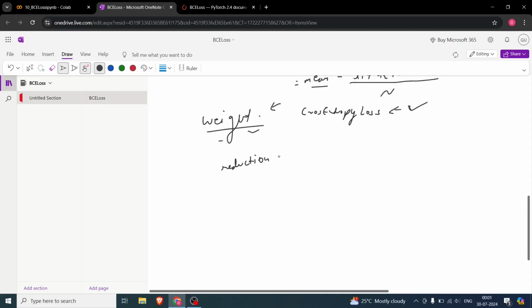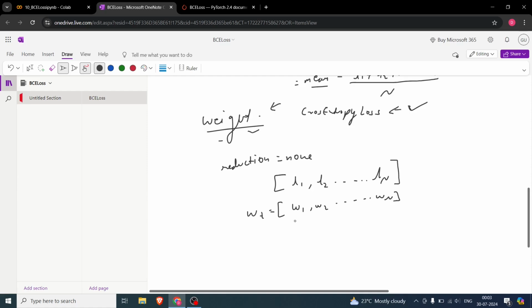For understanding, reduction equal to none means your output is a vector of losses L1, L2 up to Ln, for capital N. Here we will have capital N. Now when you think about weight, weight is also going to be a vector, so you will have w1, w2 up to wn.